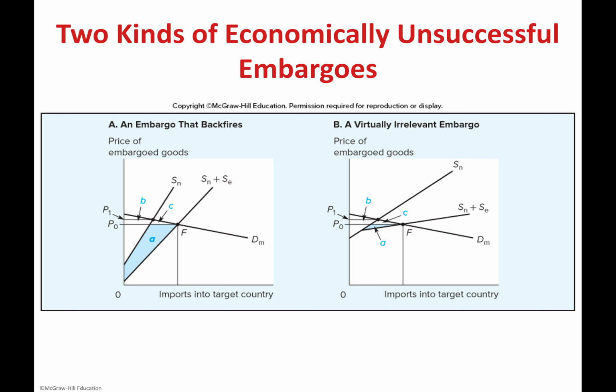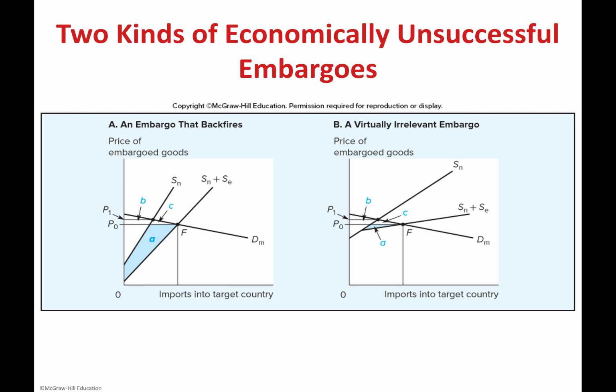It's a very small amount above P0. So B and C is the consumer surplus lost in the country. So that's not likely to change the regime at all. And A is lost by the embargoing countries from their supply.